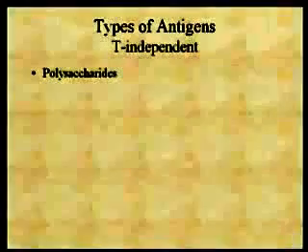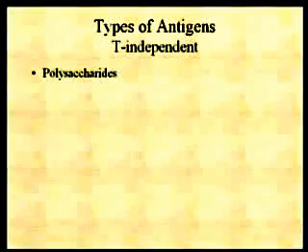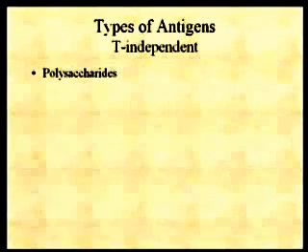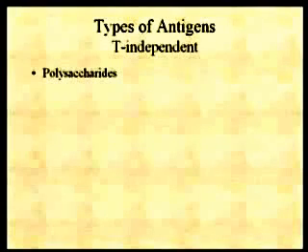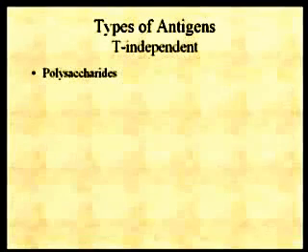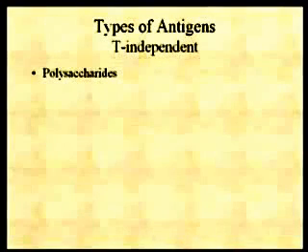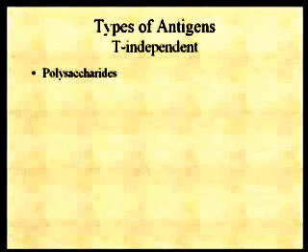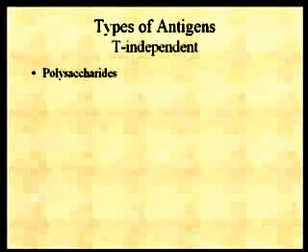What I want to talk about is mainly the structure of these antigens. The immune response to T-dependent and T-independent antigens actually is different, but we'll talk about the response to these antigens on Monday in the last lecture on the antibody response. So today I just want to define what these things are and talk a little bit about their structure.